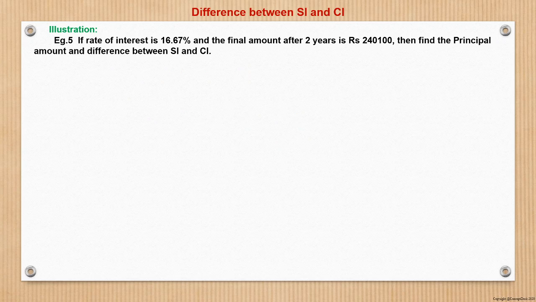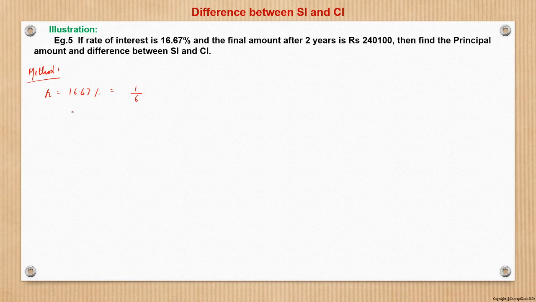Now let us see, if the rate of interest is 16.67% and the final amount after 2 years is 2,40,100, then find the principal amount and the difference between SI and CI. So again, any method we can take. Let us take the unit method. So here R is given as 16.67%, which is nothing but 1 by 6.